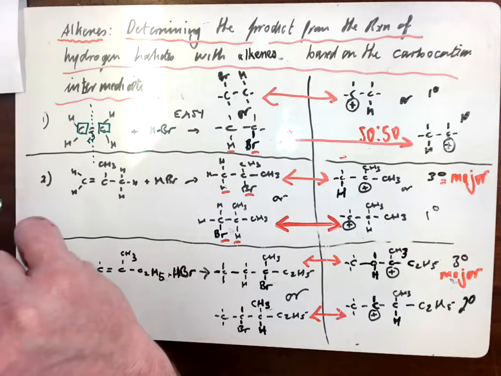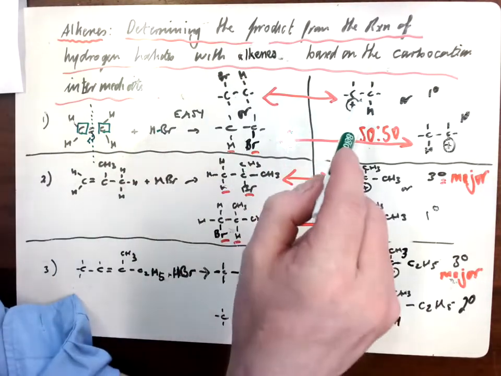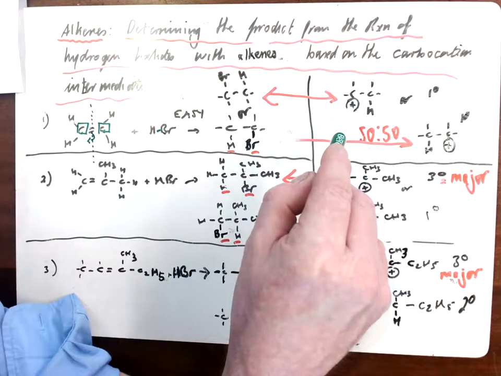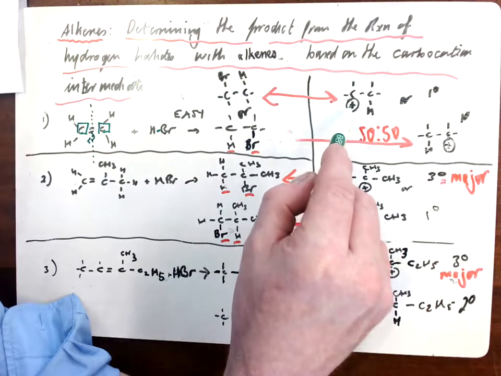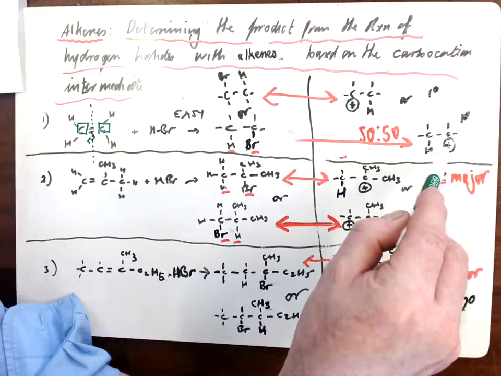Okay? So if we look at the carbocation that would be produced in each case, the hydrogen attaches to this carbon, leaving the other carbon in the double bond as a positive carbocation, and alternatively the hydrogen attaches to the carbon on the left of the double bond, leaving this carbon as a carbocation.